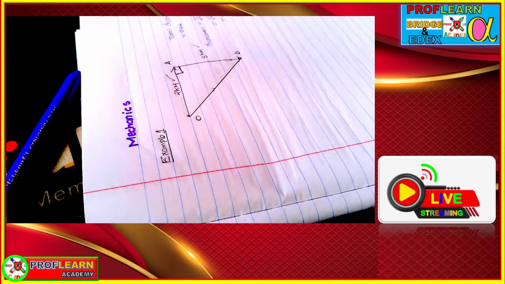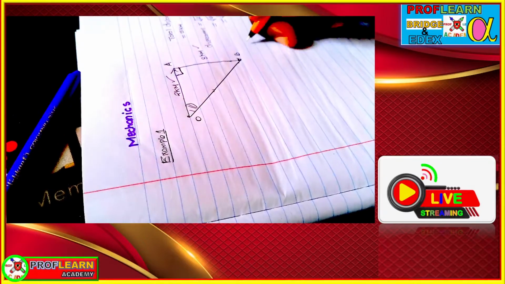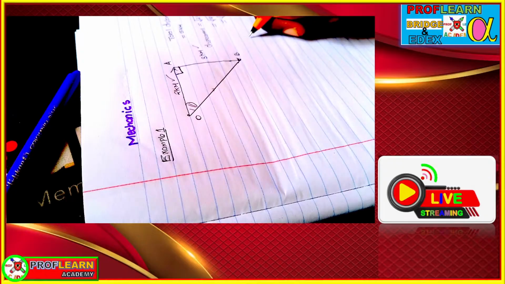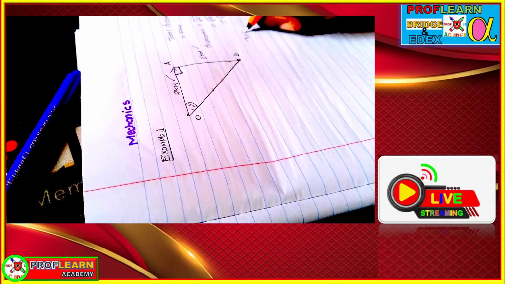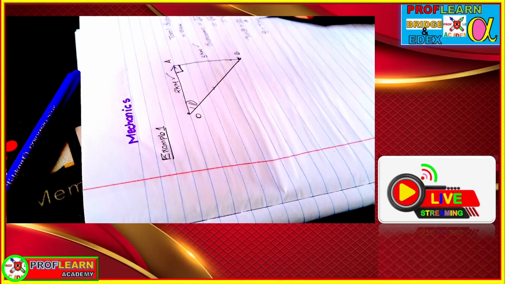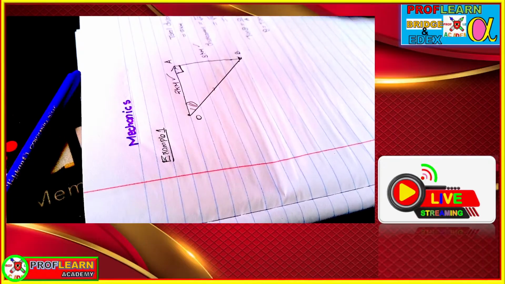And then because we need also to work out the angle, we shall say this is opposite and adjacent, so we can use tan. Theta is equal to opposite over adjacent, so theta is tan inverse of opposite, which is 3, over adjacent, which is 2.